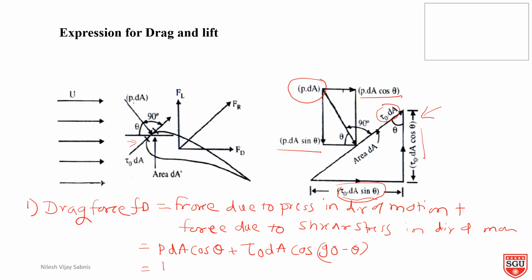So we can rewrite P dA cos theta plus tau 0 dA sin theta, and the total drag force FD we can calculate by taking the integration. With respect to dA we have to take the integration.